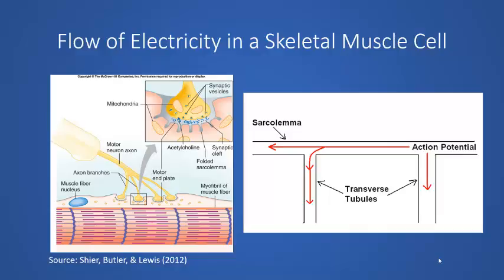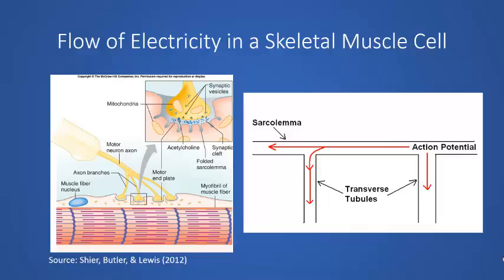The signal moves along the cell membrane, which in a muscle cell is called the sarcolemma, and you can see that labeled in the drawing. The electrical signal travels along the sarcolemma, but it also will travel deep into the muscle cell by moving down through tunnels called transverse tubules.